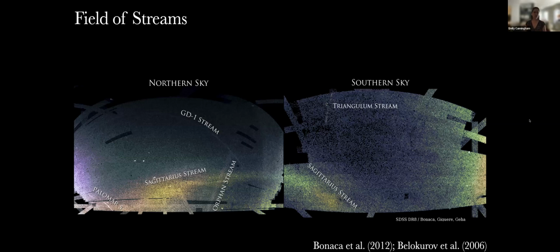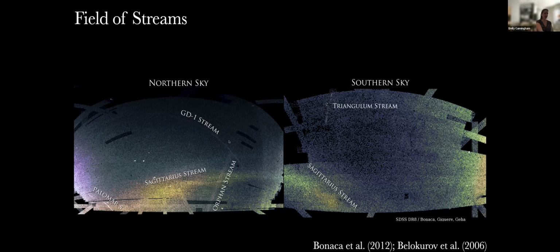I'm showing you here a very classic Field of Streams image from the Sloan Digital Sky Survey, where we can see, just in photometric data alone, a lot of these overdensities that we believe to be from tidal disruption of dwarf galaxies. Here, the Sagittarius stream, which is the most massive stream in the Milky Way that we know of, as well as smaller streams that we believe to form from tidally disrupting globular clusters.